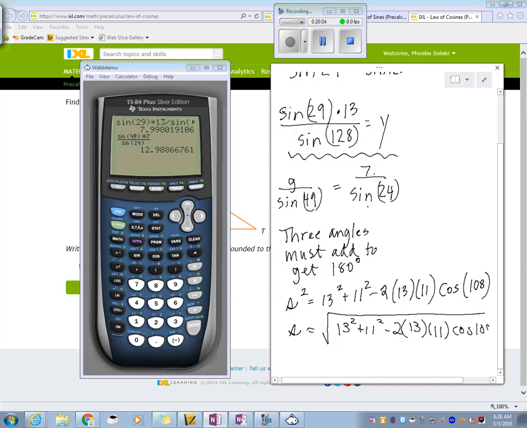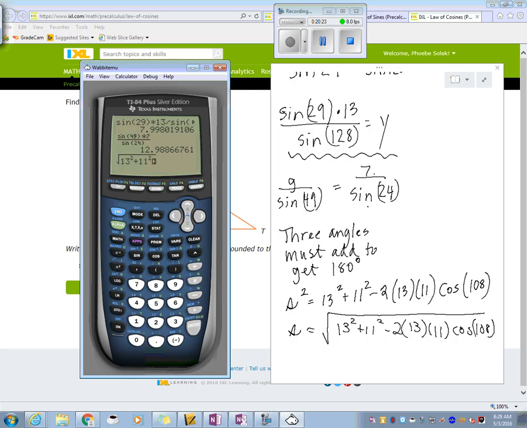And I'm going to do that all in one step to avoid trying to enter some things. So the square root of 13 squared plus 11 squared. Now you can go ahead and do those, 169 and 121, if you're confident in your calculation skills. 2 times 13 times 11 times the cosine of 108.